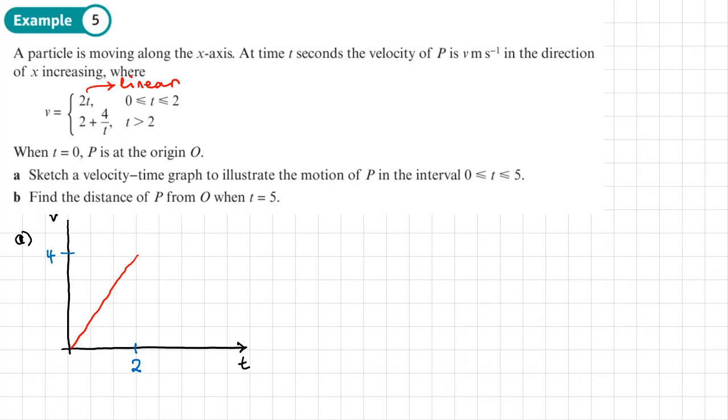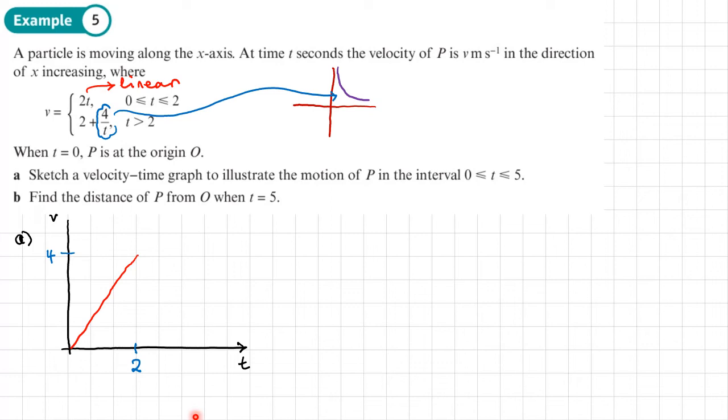I may need to move that 4 up or down depending on what the second part of the graph looks like. So the second part here, I've got 2 plus a reciprocal. Now, what do reciprocal graphs look like? Well, for positive values of x, in this case positive values of t, reciprocals look like this, don't they? They go down. But the 2 means that this reciprocal graph gets shifted up by 2.